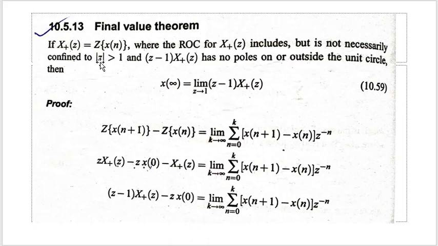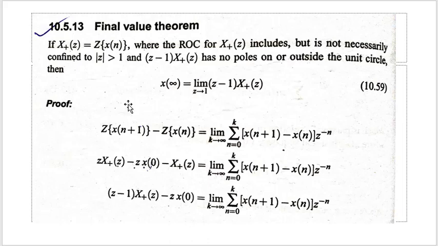Okay, so the proof for this: consider the z transform of x of n plus 1 minus the z transform of x of n. That would be limit k tends to infinity, summation n equal to 0 to k, of x of n plus 1 minus x of n, z power minus n.